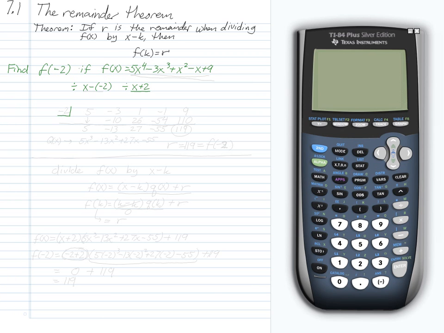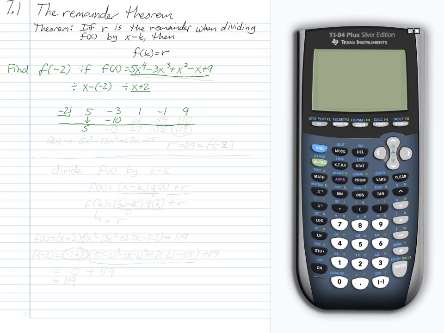So I will perform synthetic division using that linear divisor. I'll put negative 2 in the box, and I'll bring down all the coefficients of this polynomial. So 5x to the 4th, negative 3x cubed, 1x squared, negative 1x, and 9. And I will perform synthetic division just as we have up till now. Bring down the 5 and multiply.